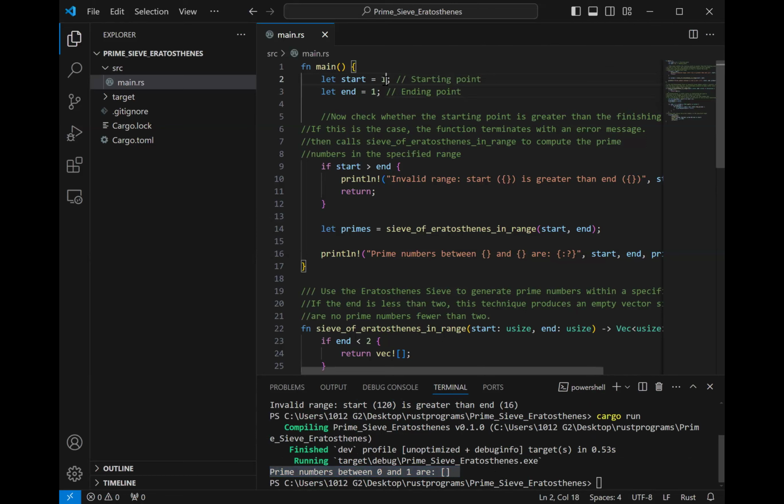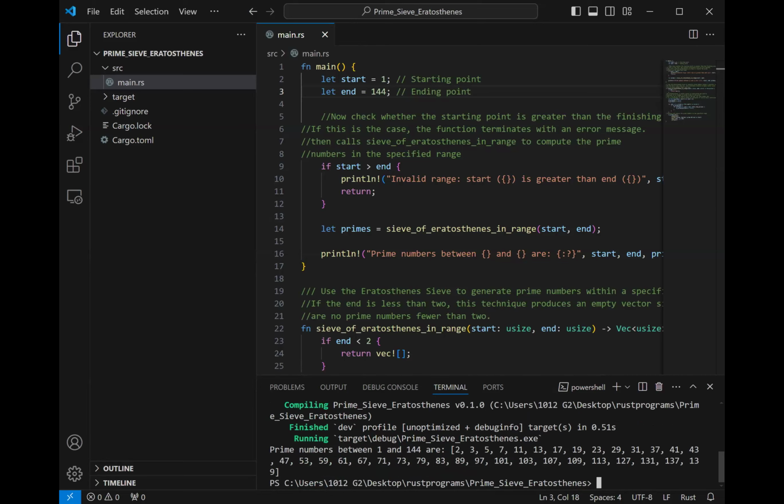Let's first of all give it a smaller range and see what it gives us. 1 to 144. Let's see if it can give us the prime numbers within that range. It has given us the numbers very fast.